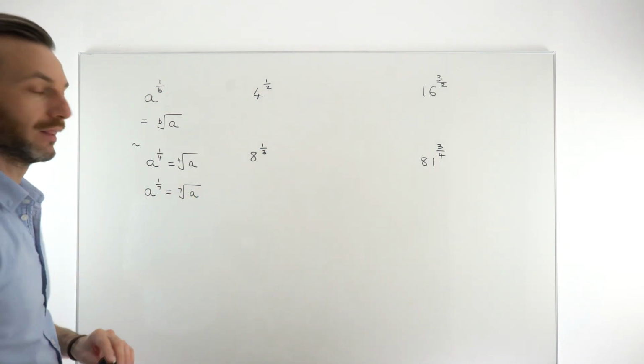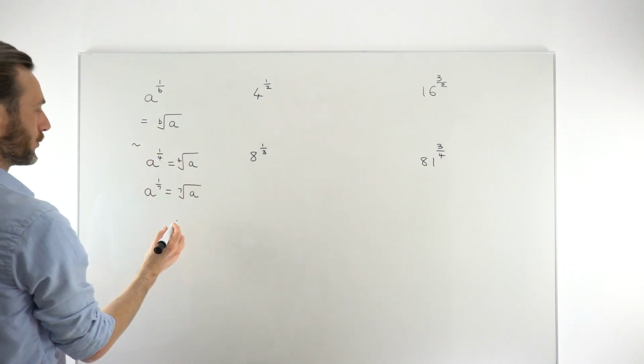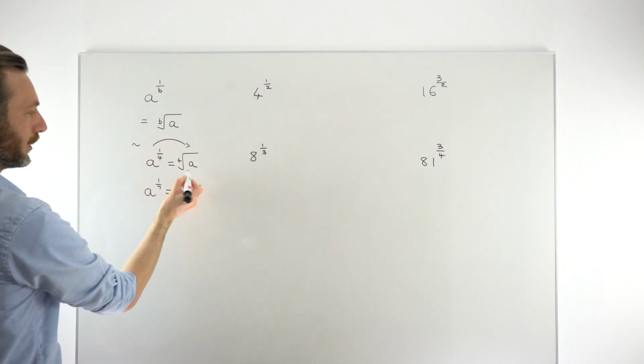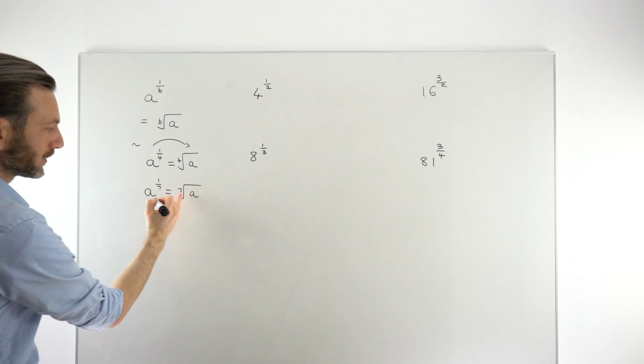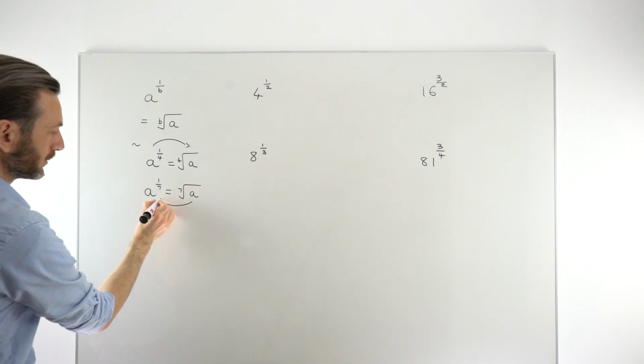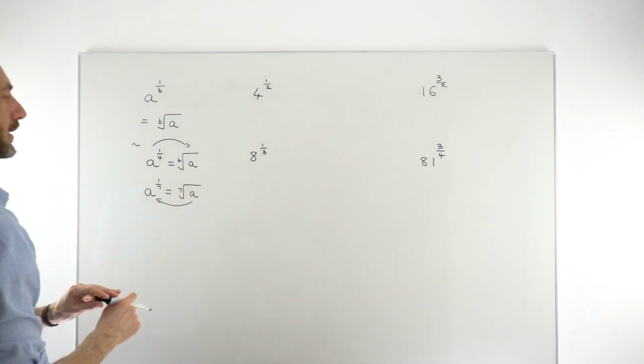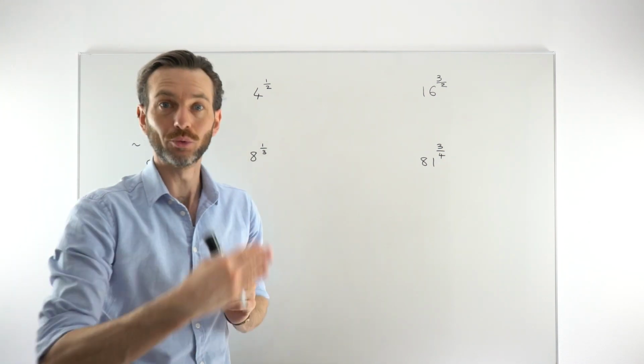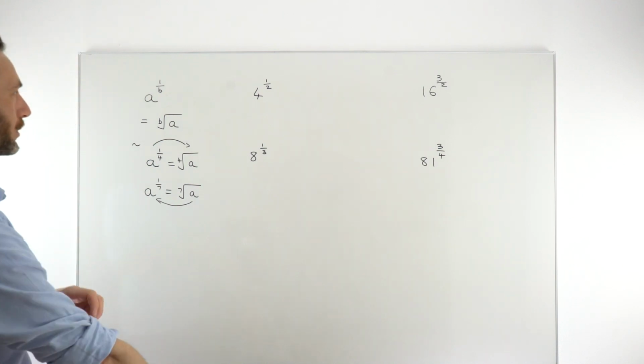So that works like that, and it works in both directions. If you had a 1/4 power, you could turn that into the root equivalent. If you had a 7th root, you could turn that into the fractional power equivalent. It's setting up these equivalences that is going to allow us to process these fractional power numbers.